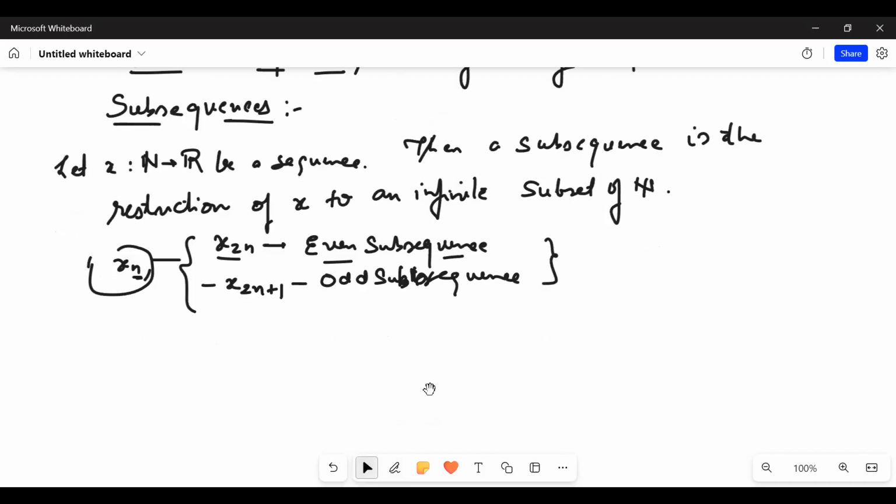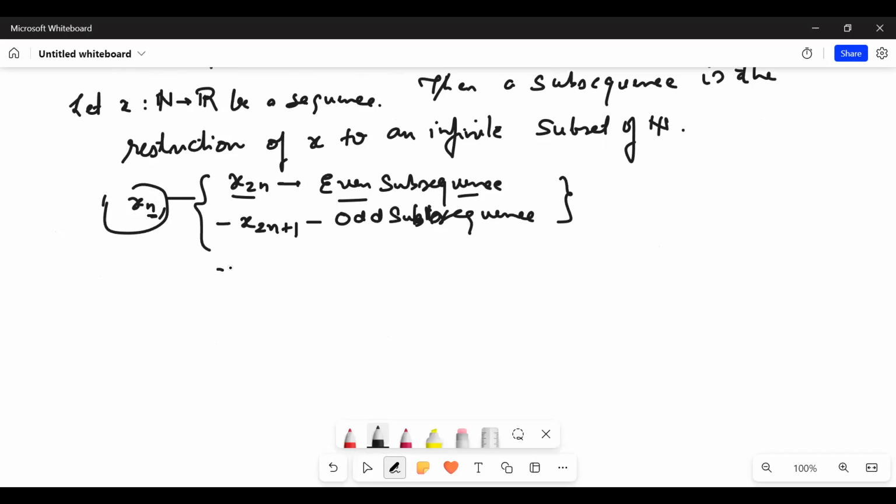Let us say I restrict my sequence in a manner that I only take the values x2, x3, x5, x7, x11, x13. That is, I only take prime numbers. So this is also a subsequence of this main sequence, that is xn.